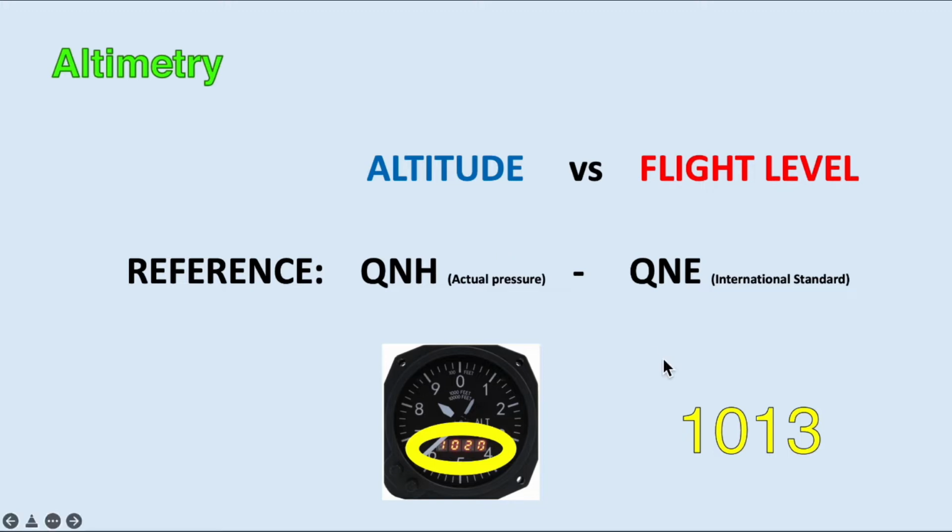When we're talking about flight level, we're talking about that the reference is 1013, which is the standard international pressure at sea level. But of course, the sea level is not always the same. That means that if you want to measure the altitude in one specific area, you need the actual pressure, and that actual pressure is the QNH.